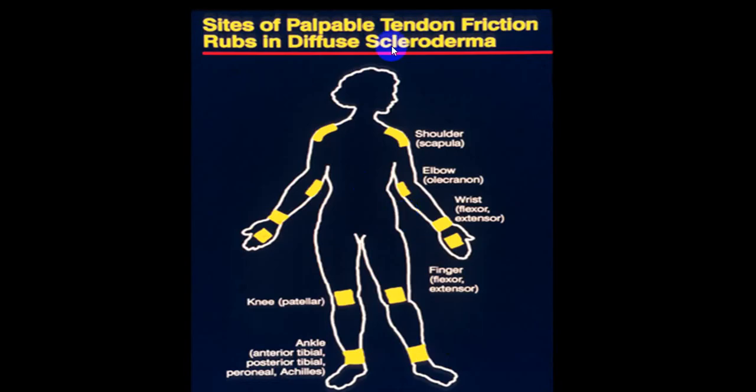This is tendon friction rub, may be palpable and maybe even audible. Palpable tendon friction rubs are very easily palpable at different portions: knee, ankle, elbow, small joints, shoulder, etc.